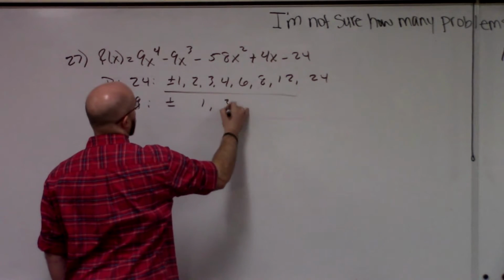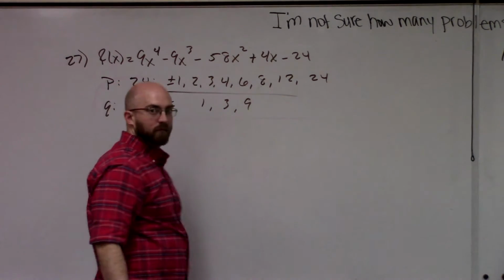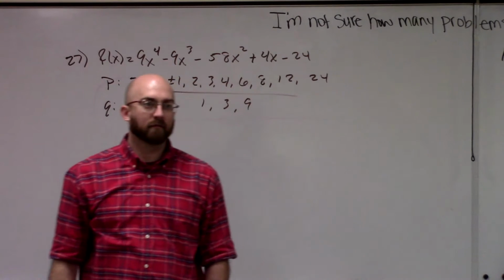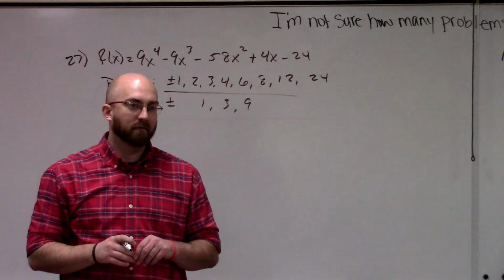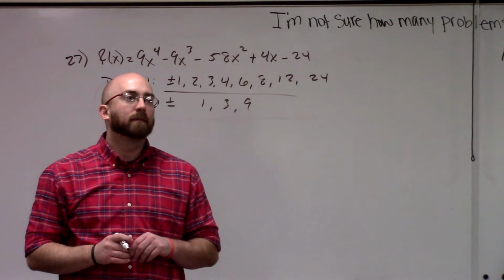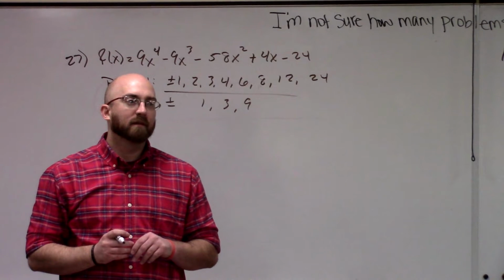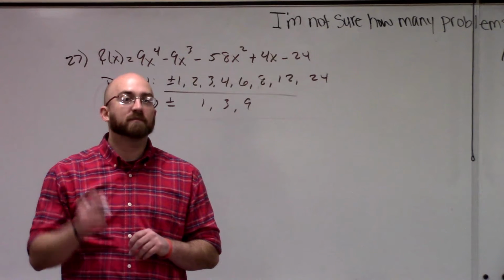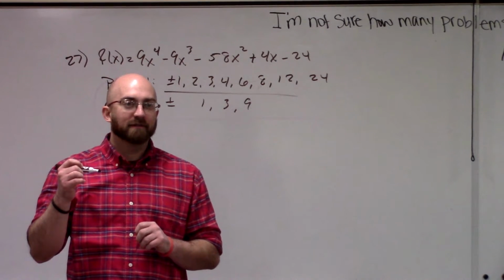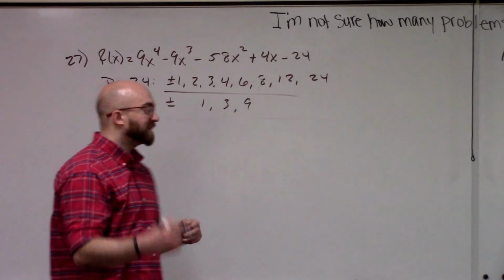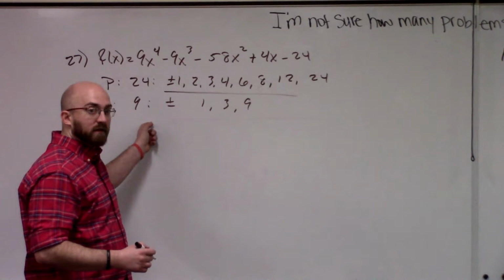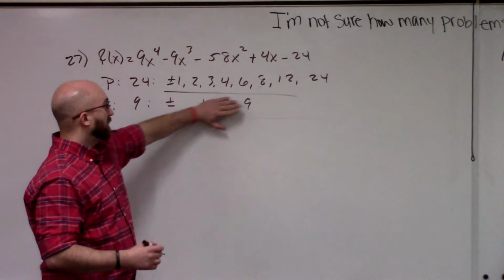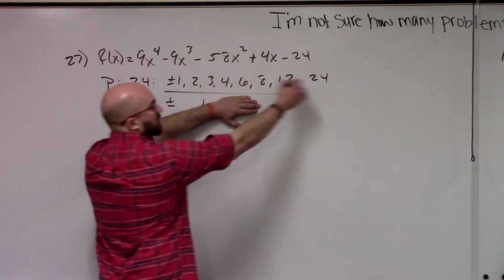Can you use the one for the key? It's the factors of P over the factors of Q. You use the numbers that are P over Q. So if I cover those up, those are all factors, right?